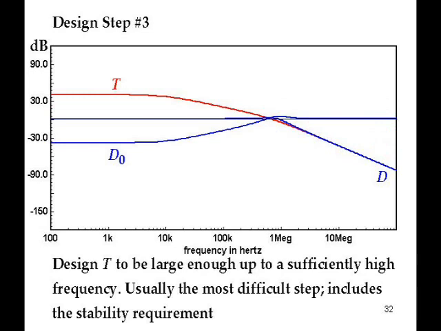This is the D0 term. This is the weighting factor for the H0 component. And you see that starts off relatively small when T is large, and it ends up at being 1 or 0 dB when T goes away.